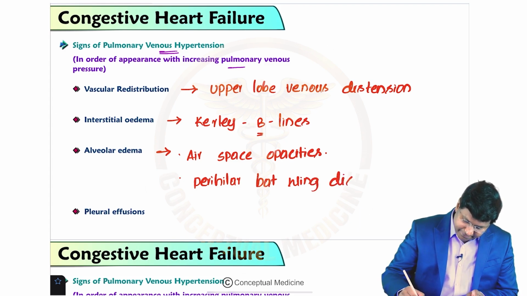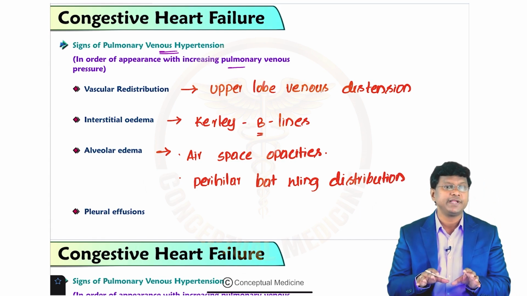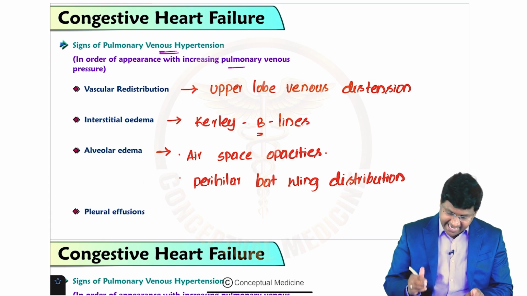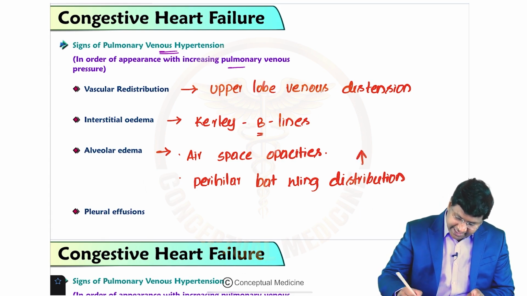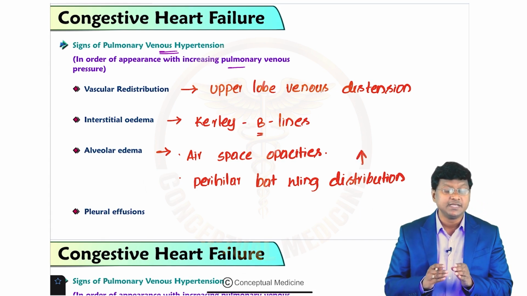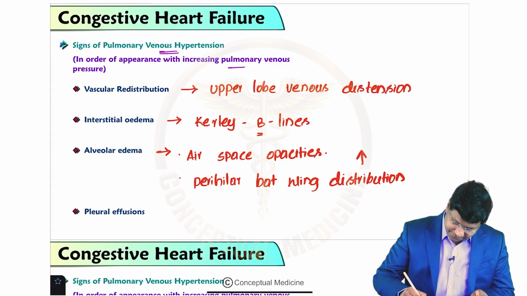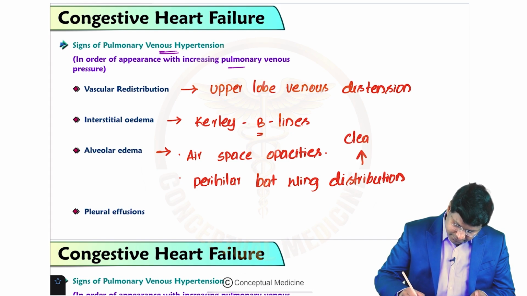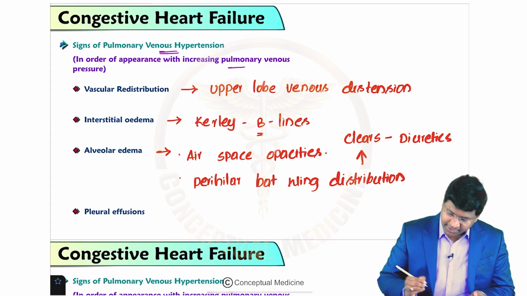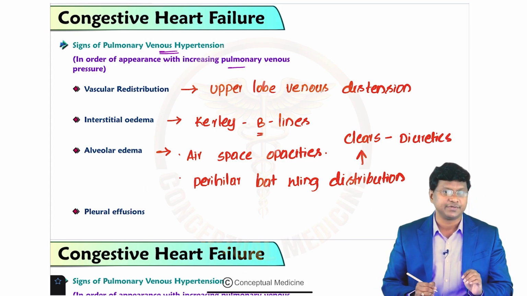This perihilar batwing distribution is the accumulation of the fluid in the lung parenchyma. And this fluid accumulated within the lung parenchyma clears rapidly with diuretics.